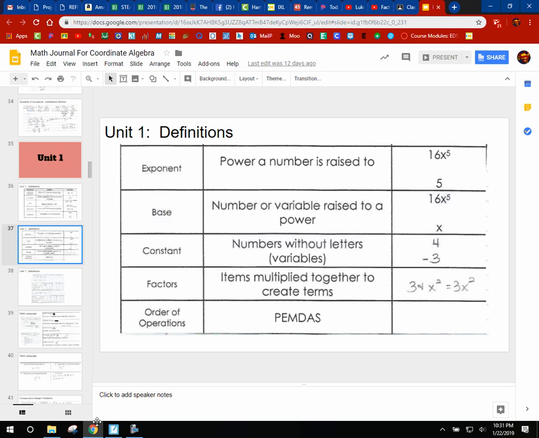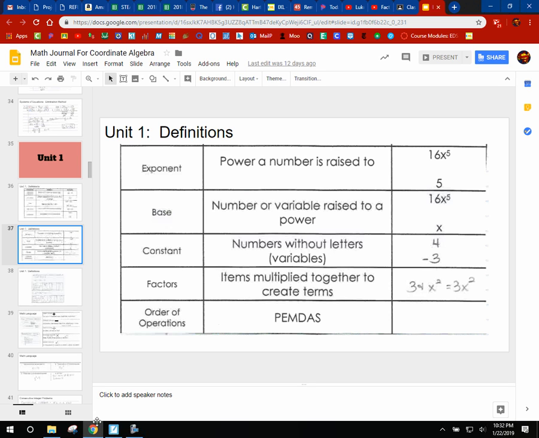So in this situation, if I had 16x to the 5th power, 5 would be my exponent. Base is going to be the number or variable raised to a power. So in this example again, 16x to the 5th power, x would be my base because it's the variable for this example that's being raised to some power.